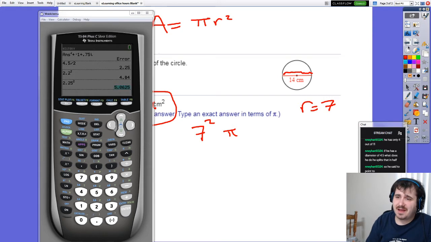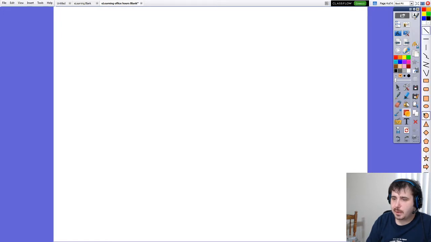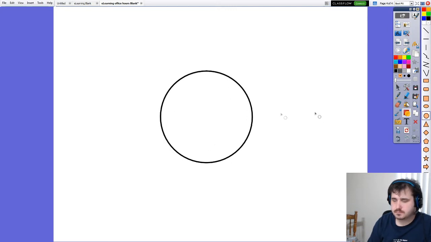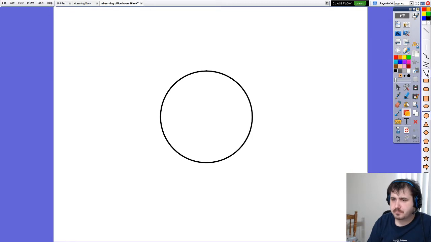For this one, believe it or not, it's not that different. The only thing you have to remember as you're doing this is that you have to look at what portion of the circle we're actually working on.